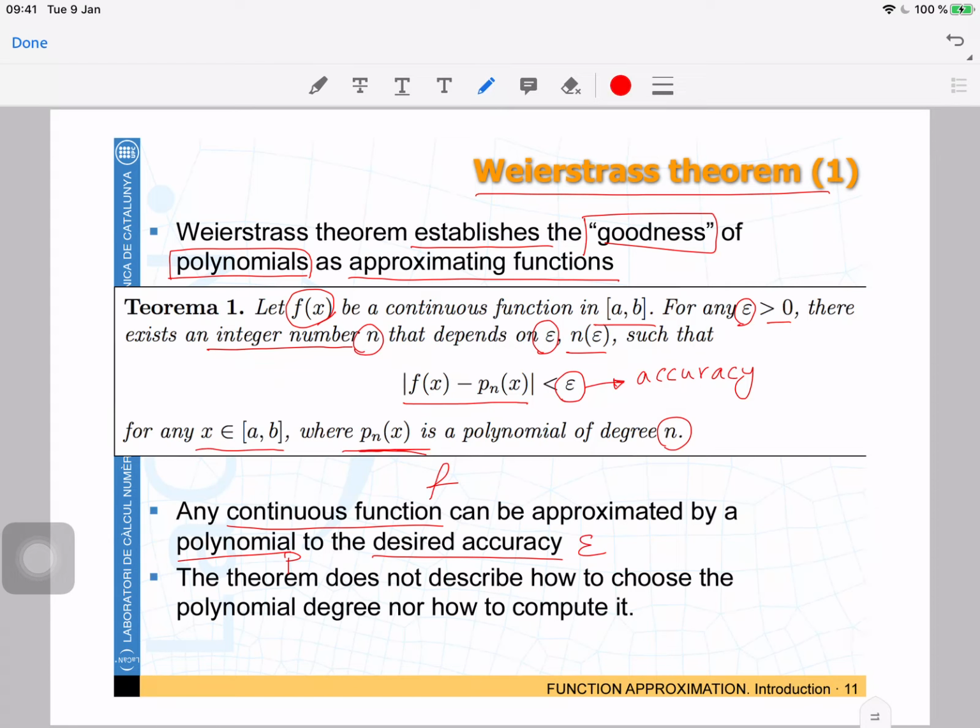But be careful that this theorem does not describe how to choose the polynomial degree. So the choice of n, this theorem doesn't have anything to say about this choice. And also this theorem doesn't say how to compute it, how we can obtain this polynomial degree. So this is the basics of the Weierstrass theorem.